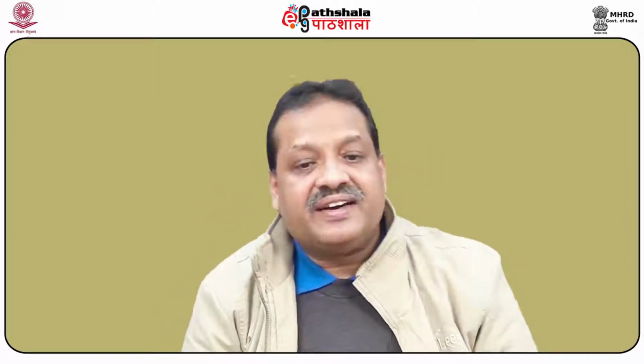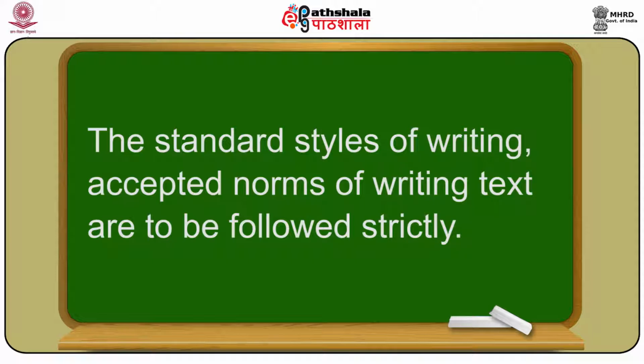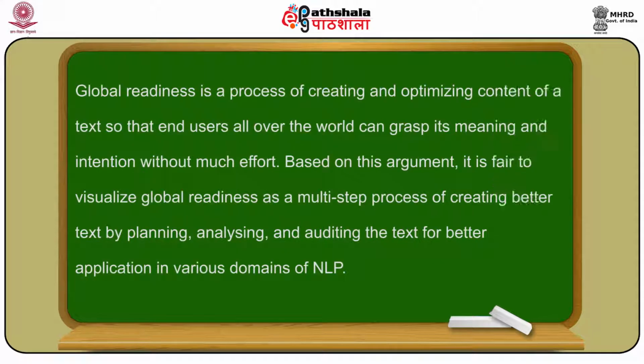Then enforcement of standard style rules on texts for simplicity. So the standard styles of writing, the accepted norms that are followed in writing text, we have to see that these are properly followed. Then maintaining the structural consistency of text.